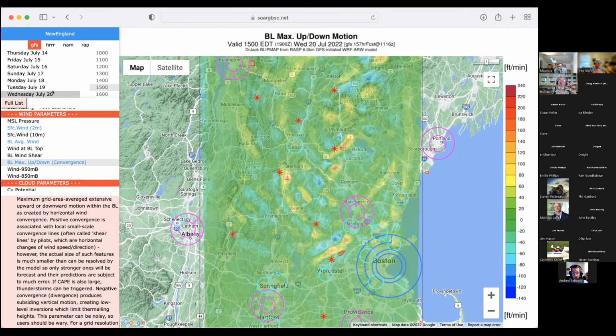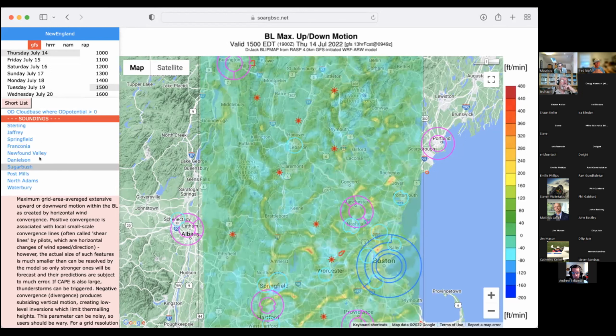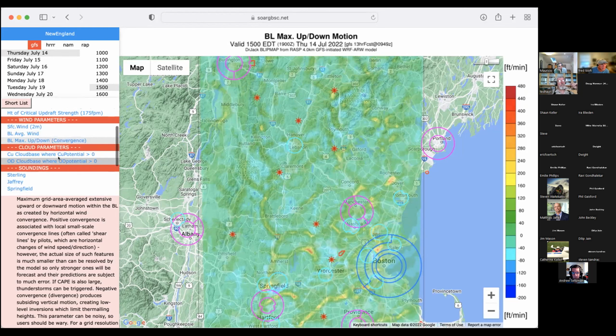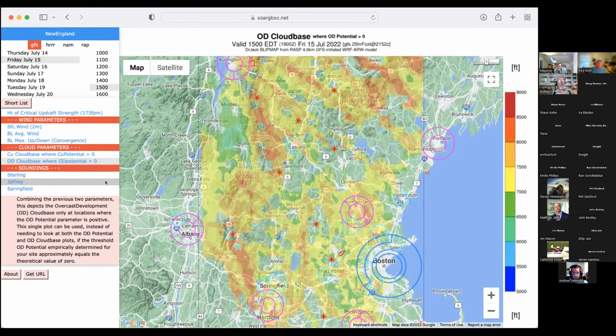Hey, Fred, usually good soaring days can end up with overdevelopment. How can you tell whether the good day is going to end up badly? I think RASP and several of the other sites actually have an overdevelopment indication, a tab you can click on.